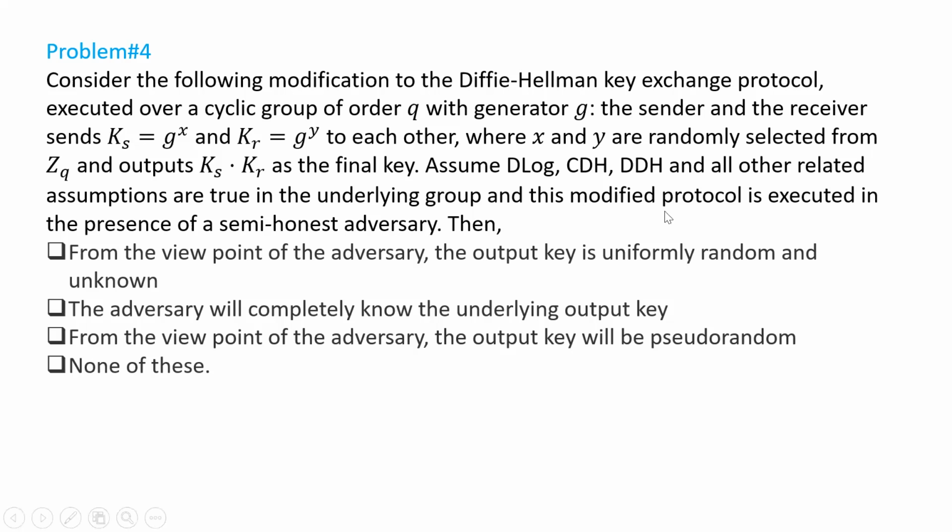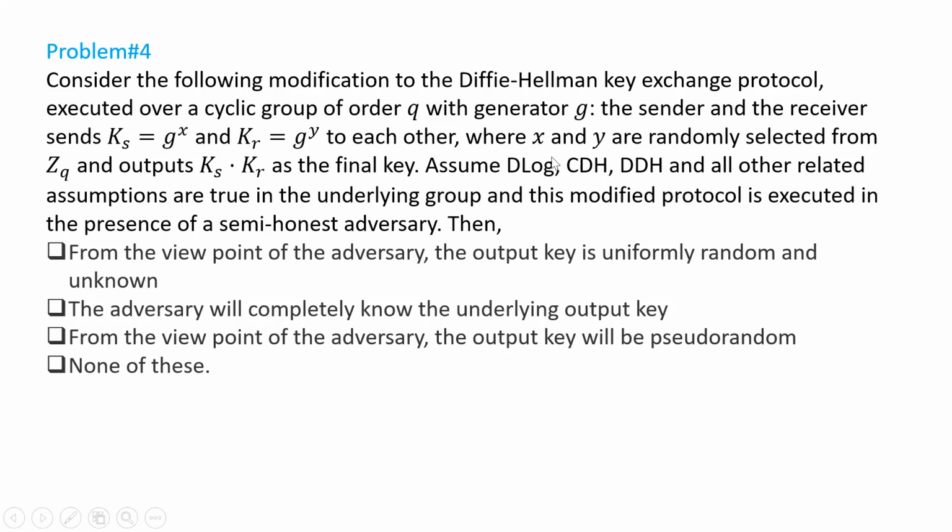But what the CDH assumption says is that with the knowledge of g to the power x and g to the power y, it is hard to compute g to the power xy if the CDH assumption holds true in that particular setting. But it does not say anything about g to the power x plus y, right?